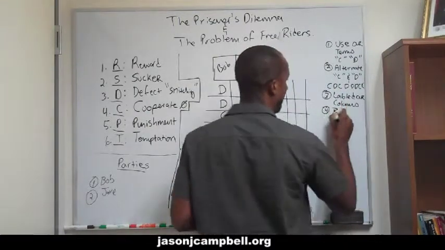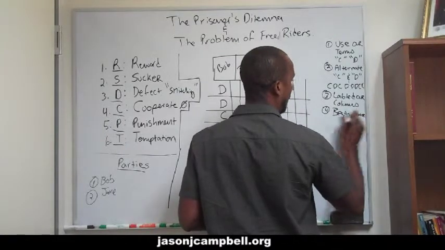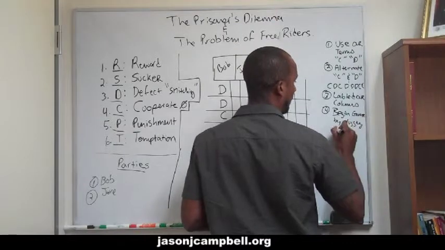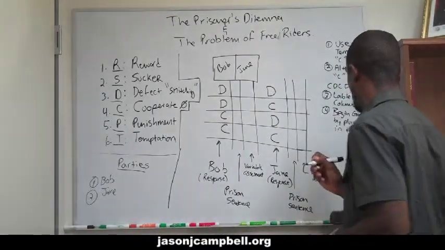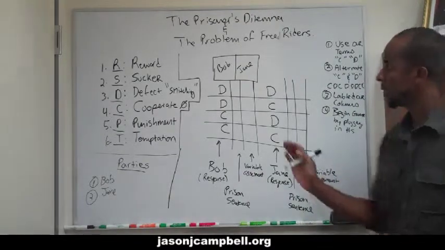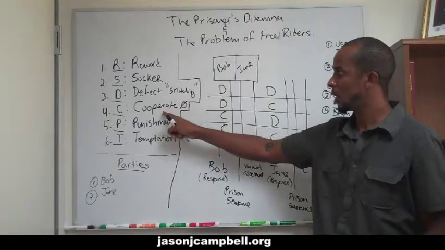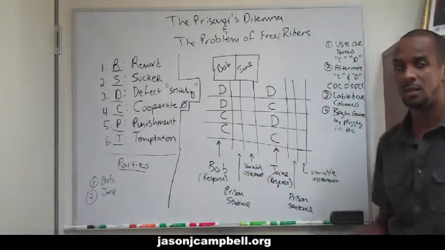And now we begin the game. The last thing is begin the game by plugging in numbers. All right, so reward, sucker, defect or snitching, cooperating, punishment, temptation. We have our parties and our three columns.